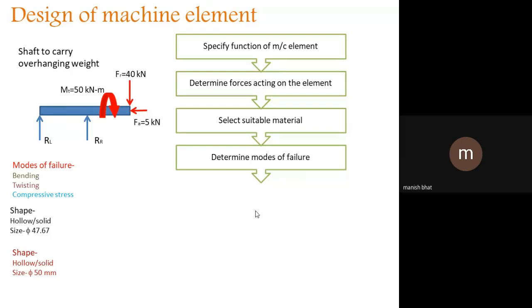You have worked on a lathe machine. Consider that the spindle of the lathe machine is bent. What happens is the chuck will not rotate true. There will be revolving action, not rotational. It means the chuck will not rotate about its own axis. It will rotate around some other axis.